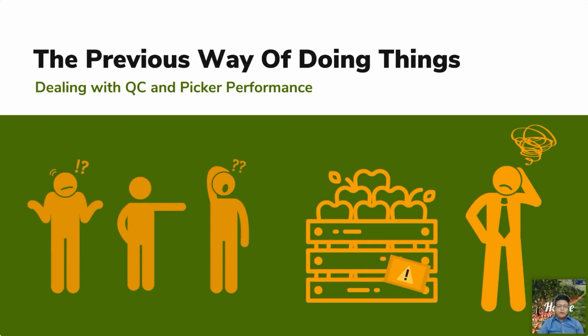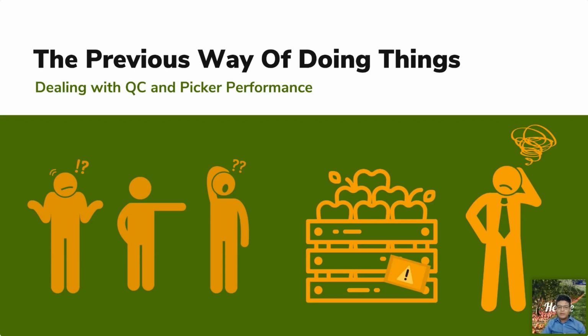So first thing I want to touch here is the previous way of dealing with QC and picker performance. Like I said, everything that we've built has been based on grower suggestions. One common theme we heard from our customers and growers out in the field was no easy way of tracking QC on the field, not enough time to track it, especially during harvest. Things get a little crazy.